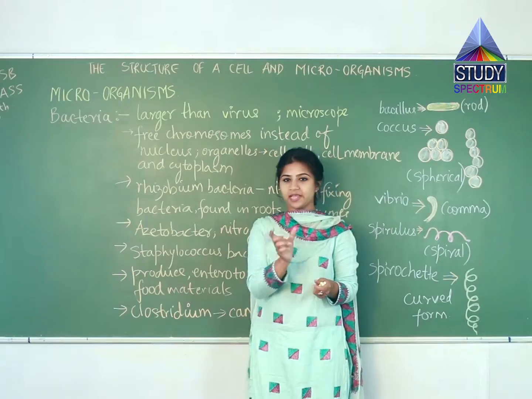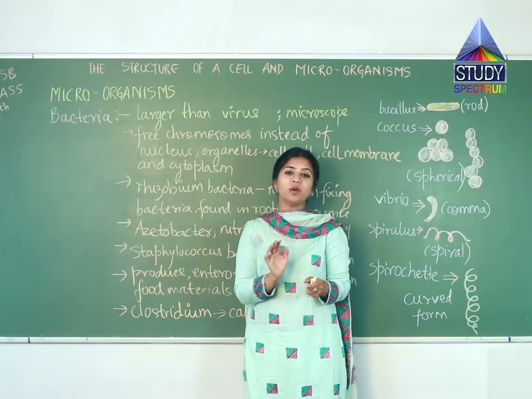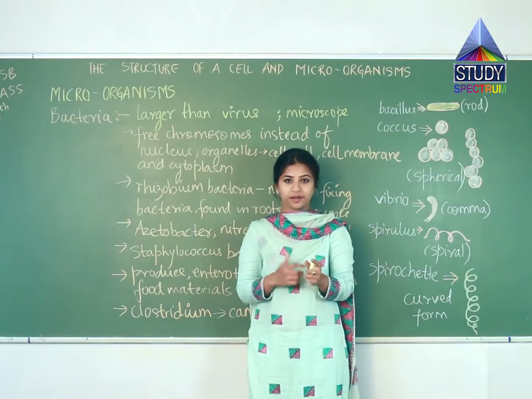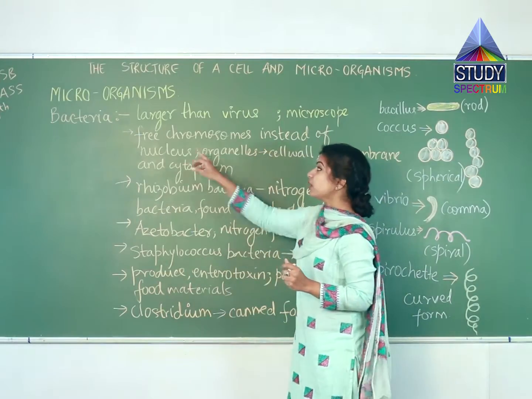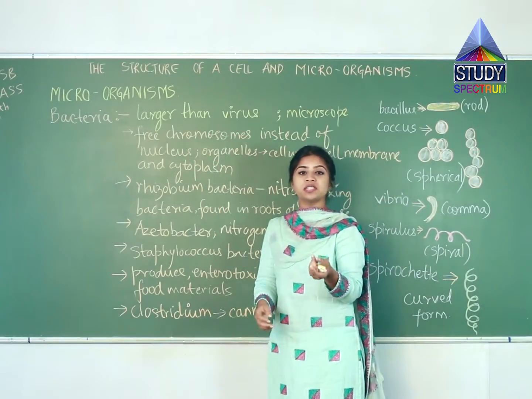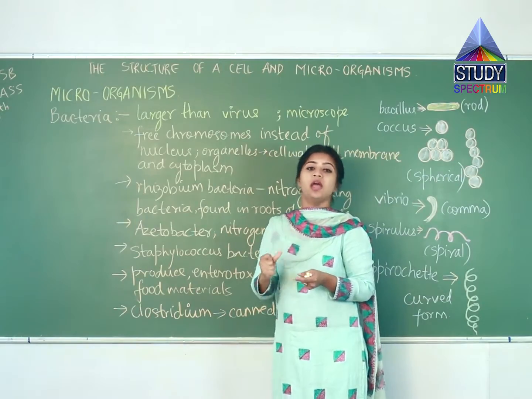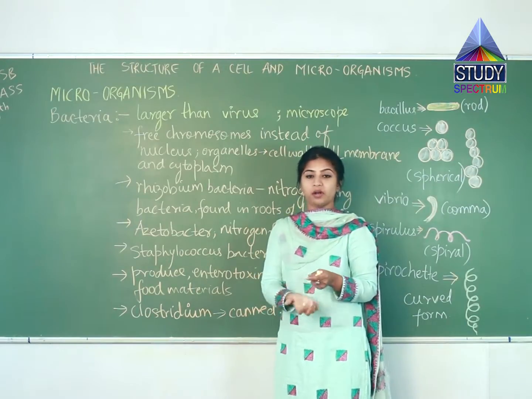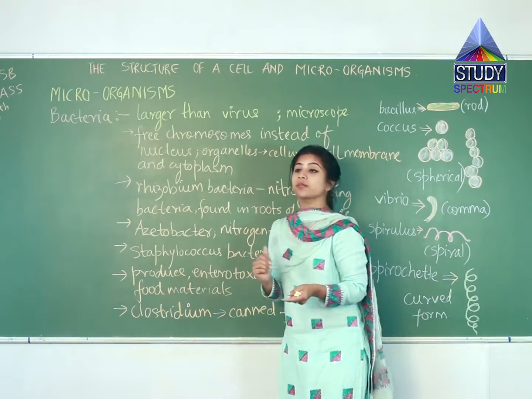Now, what is the size of a bacteria, or what is a bacteria in short? These are the common questions I'm sure might be running in your brain. A bacteria is of a size that is larger than a virus. I told you in the introduction that viruses are very minute, and seeing them under a microscope is very difficult or practically next to impossible.